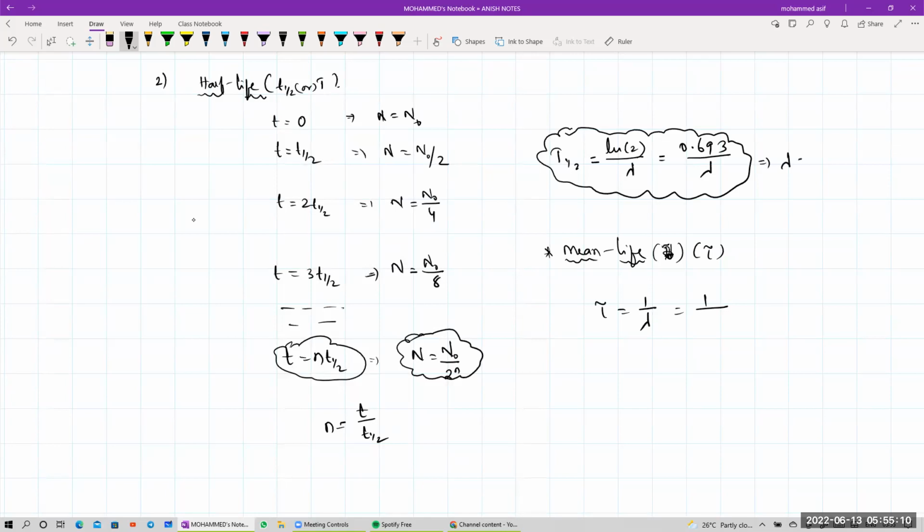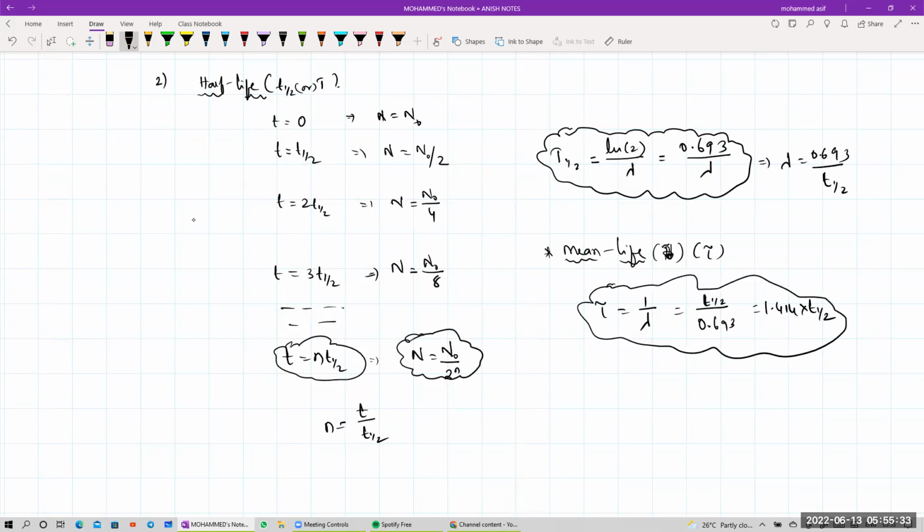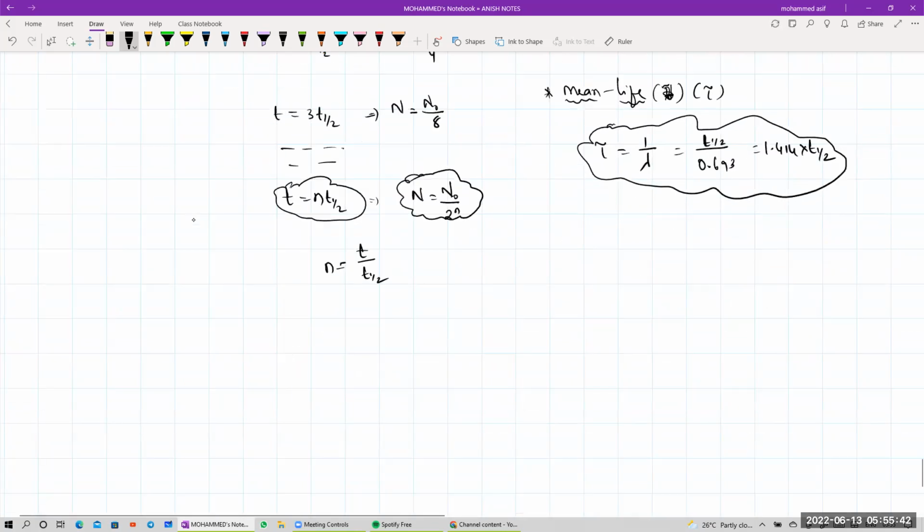From this I can write lambda equals 0.693 divided by t half, so tau becomes t half divided by 0.693, which is 1.44 times t half. That is the formula for mean life: tau equals 1 by lambda, or t half divided by 0.693. Clear?